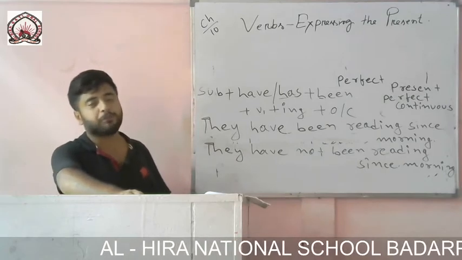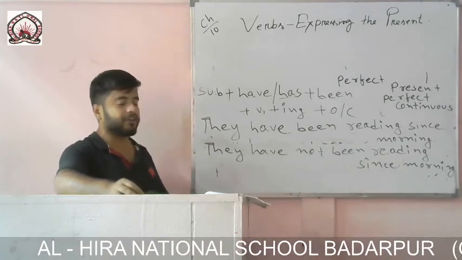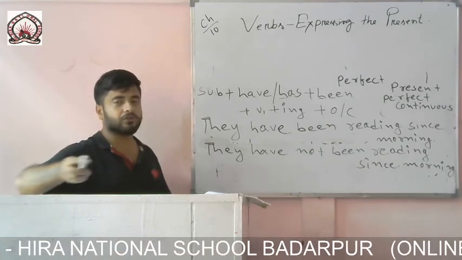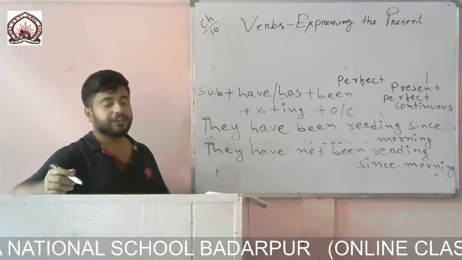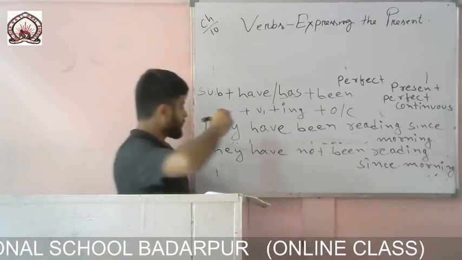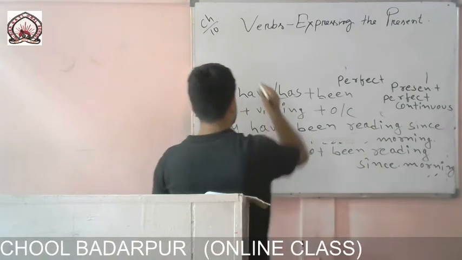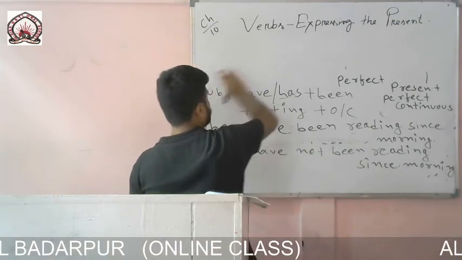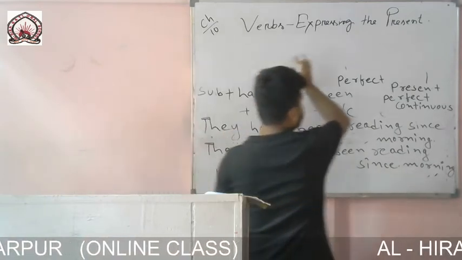If it is present perfect continuous tense, then it will become negative. Then how do we change it to interrogative? Very simple. We will bring the have at the beginning.